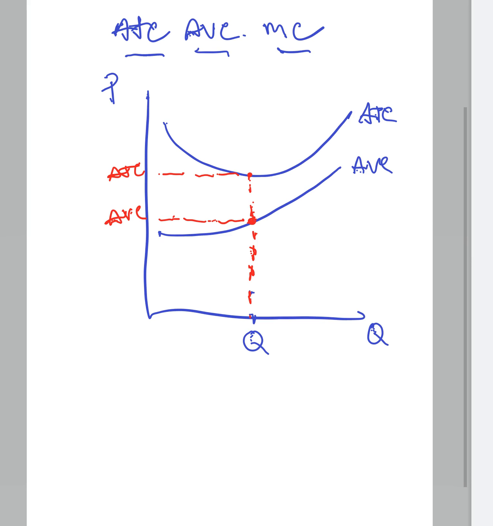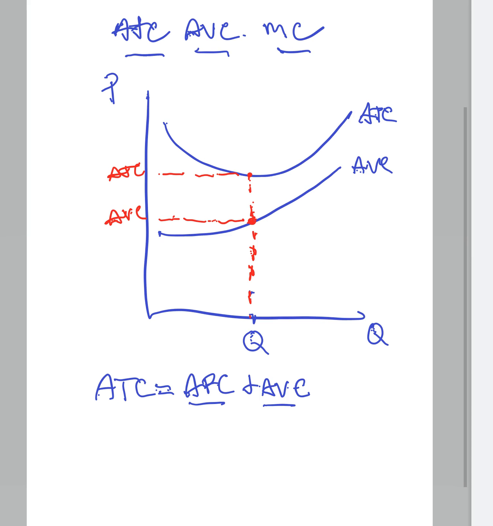Now, please remember the formula for ATC. ATC equals AFC plus AVC. So in other words, average total cost equals average fixed cost plus average variable cost.